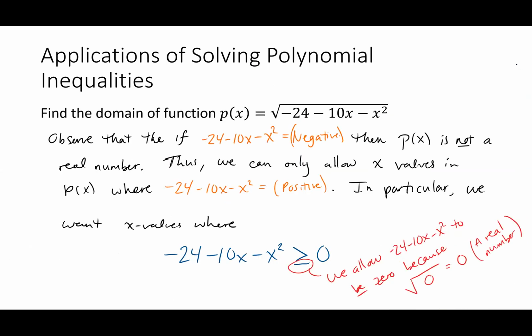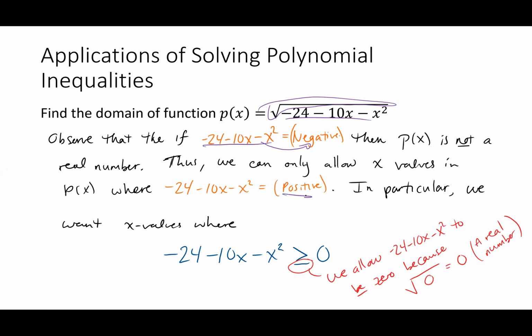Now, applications of solving a polynomial inequality. So when do we ever actually need to be able to do this, aside from just like when it's asked on our math homework? So if I've got a square root function, right? So here's my square root. If this polynomial that's under the radical is negative, then we've got something that's not a real number. So we can only allow positive x values, right?